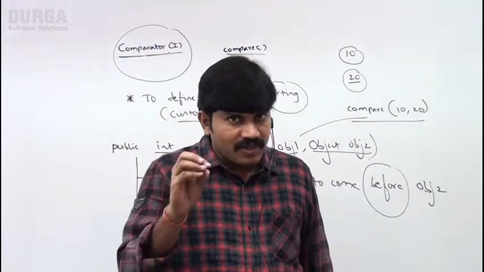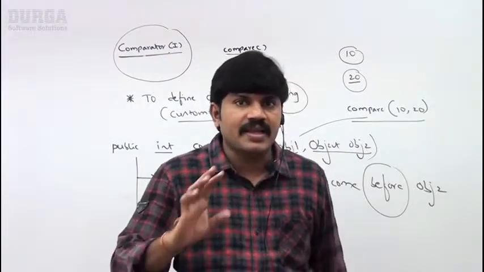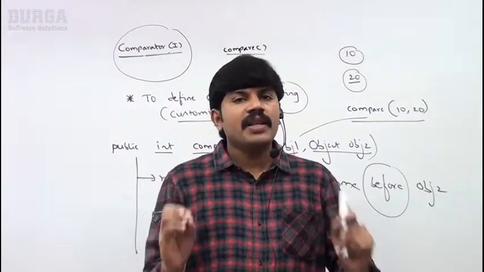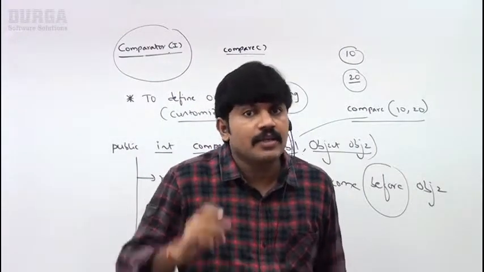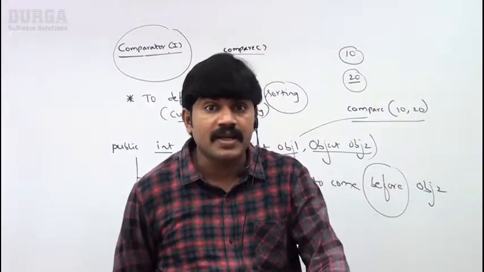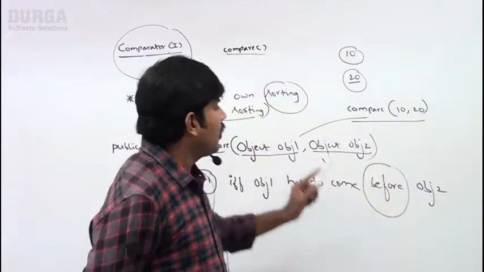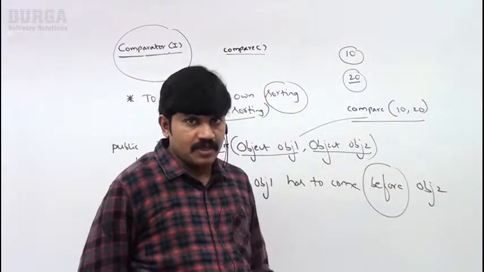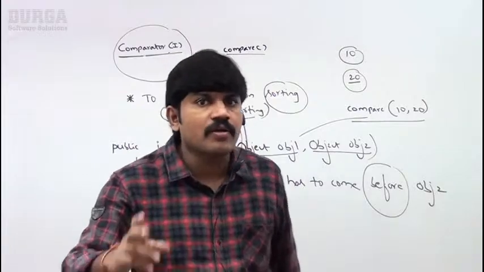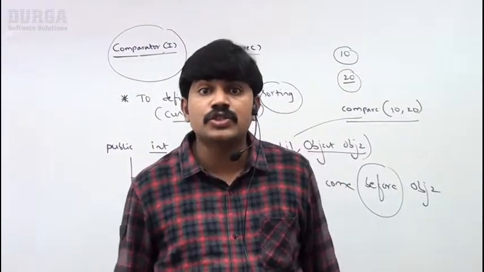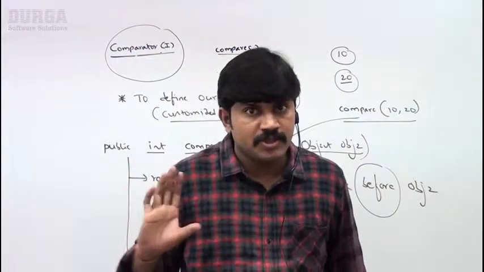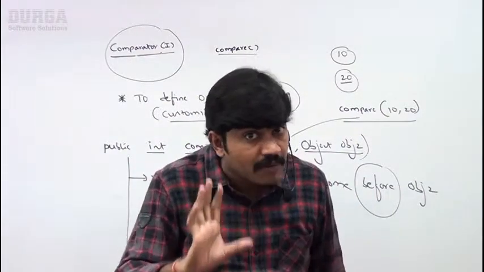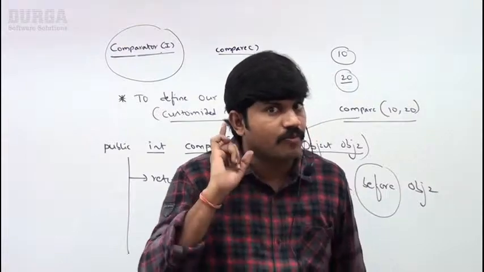For the list case, the set case, the map case, wherever we define our own sorting order, the JVM calls the comparator compare method. In the collection framework you have to explore much more, but my concentration here is only on lambda expressions.